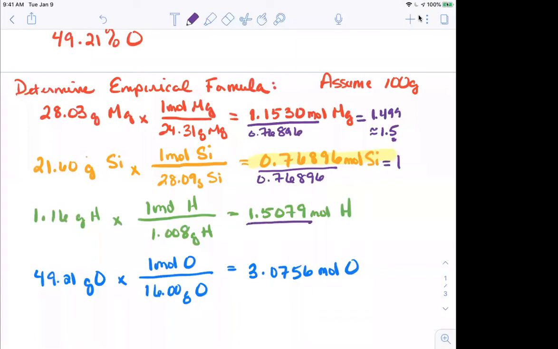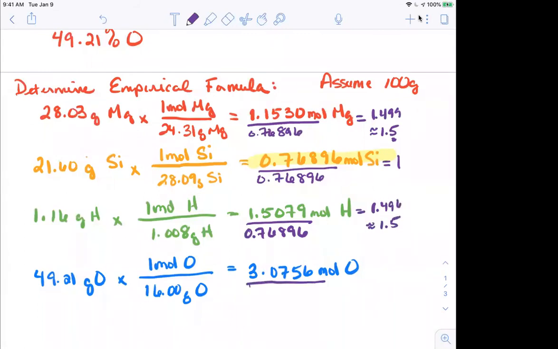The hydrogen is divided by that same value, and that's going to be 1.496, which is also 1.5.